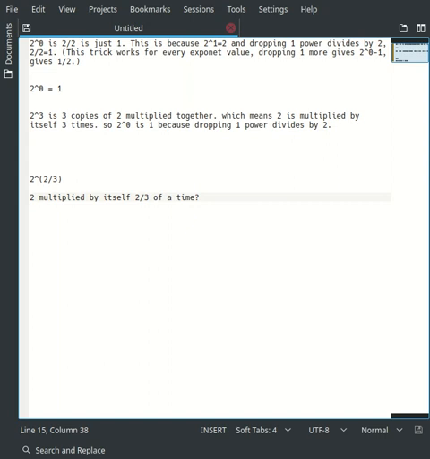You might note 2/3 is less than 1, right? Does it mean we have 2/3 of a copy of 2 multiplied together? What does that mean?